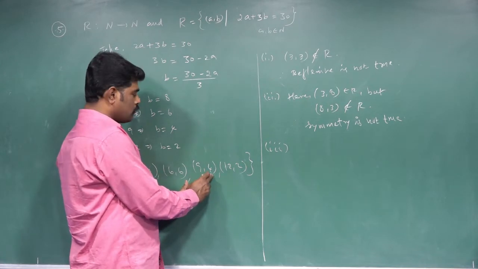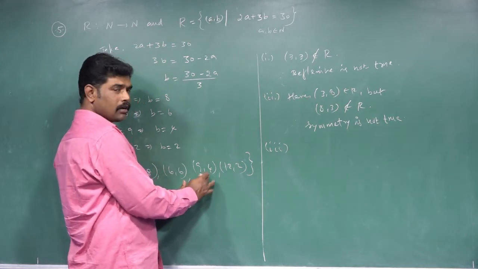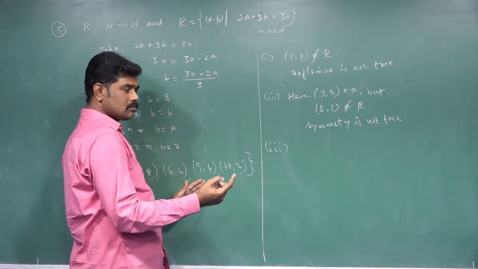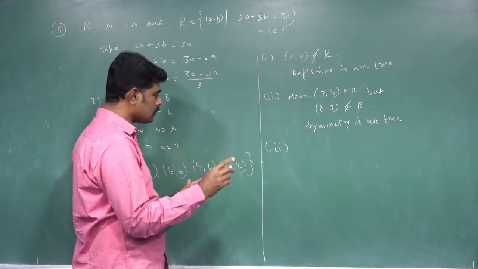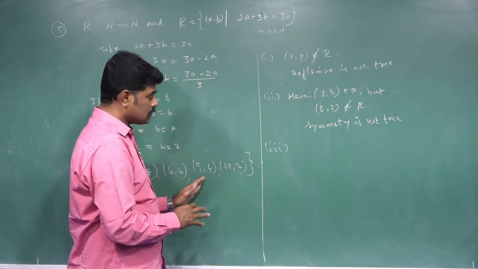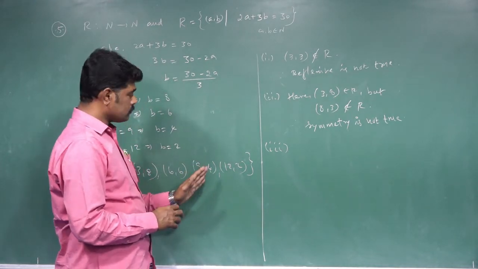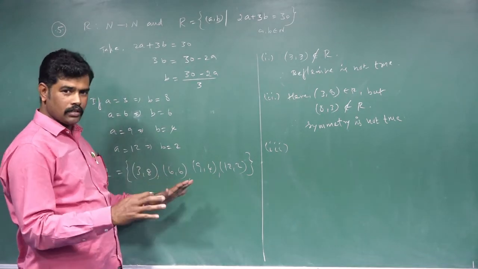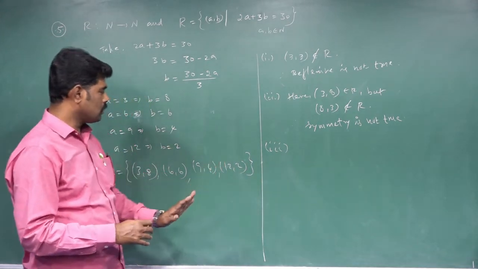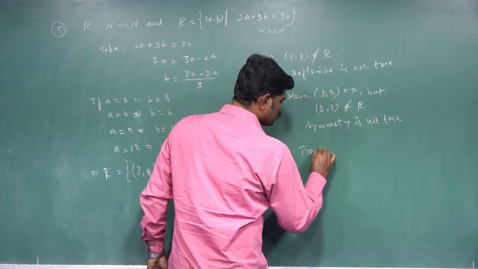Come to the pair (9, 4). There should be one more pair which starts with 4 as the first element. Such pairs are not here, so this is also transitive. For (12, 2), pairs starting with 2 are not here, so this is also transitive. Transitive is true.